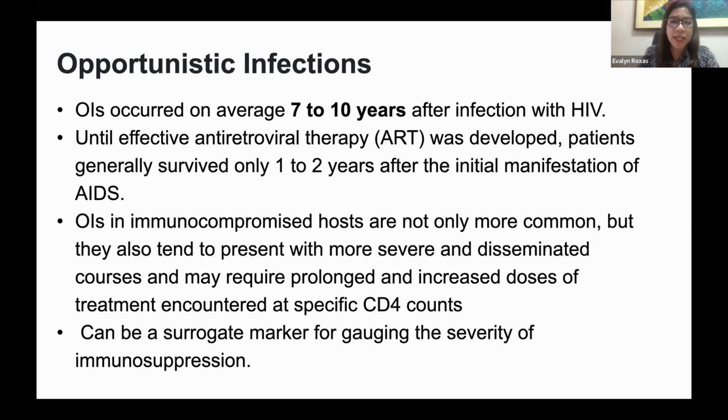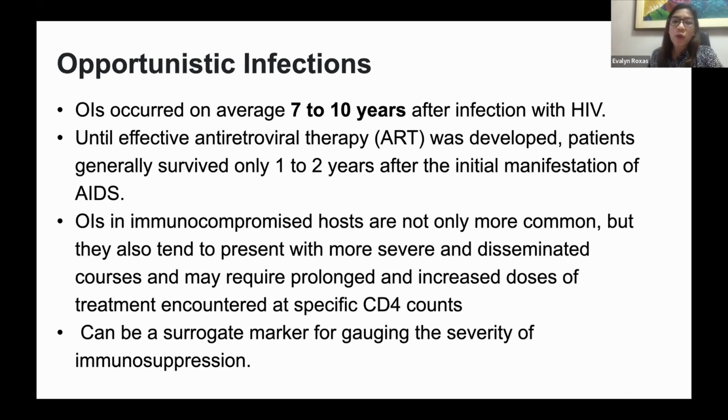OIs in immunocompromised hosts are not only more common, they also tend to present with more severe and disseminated courses. Their manifestation is more severe compared to non-HIV immunocompromised patients, sometimes more disseminated, and will require prolonged and increased doses of treatment, and they are encountered at specific CD4 counts.